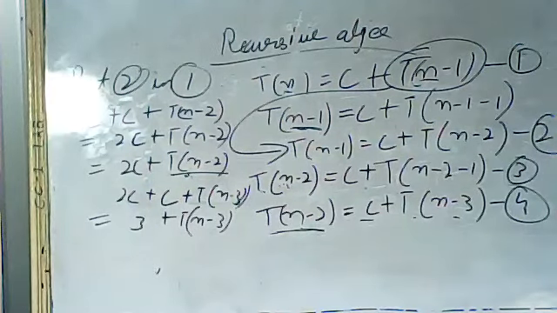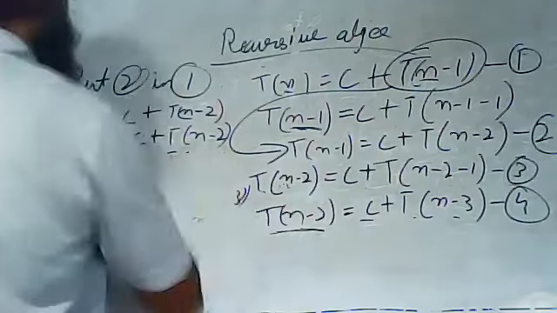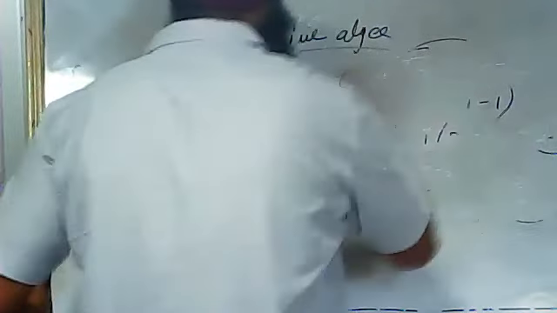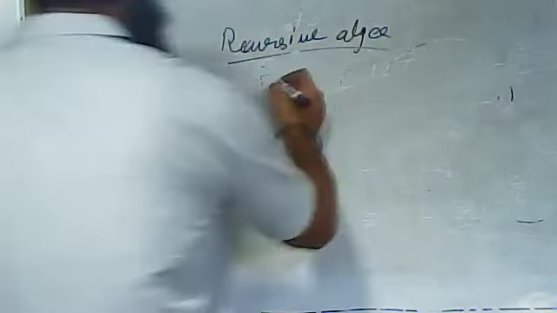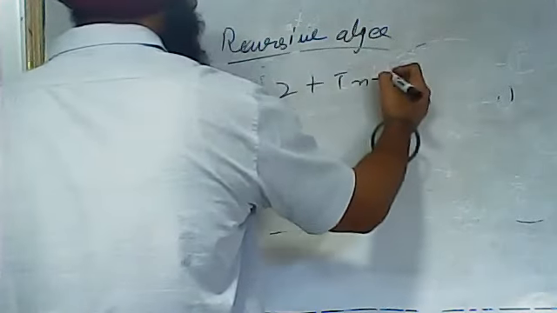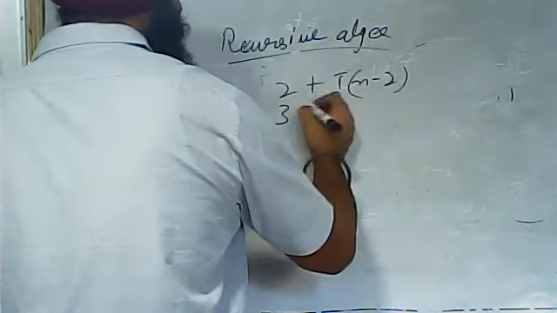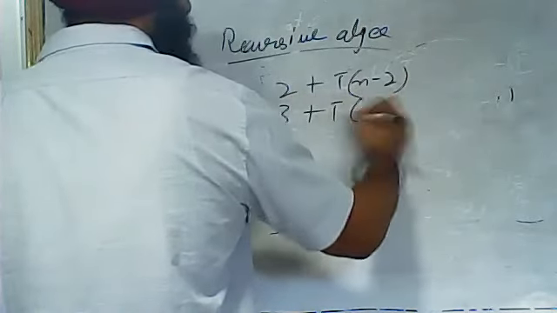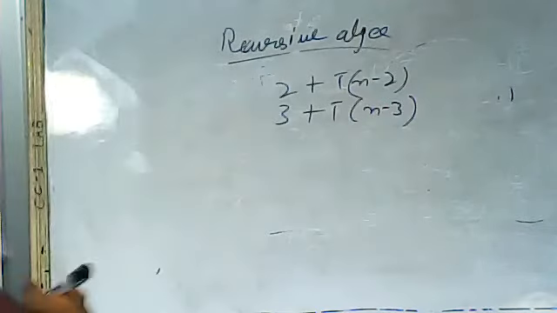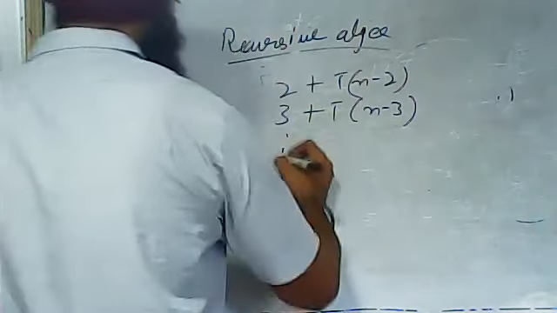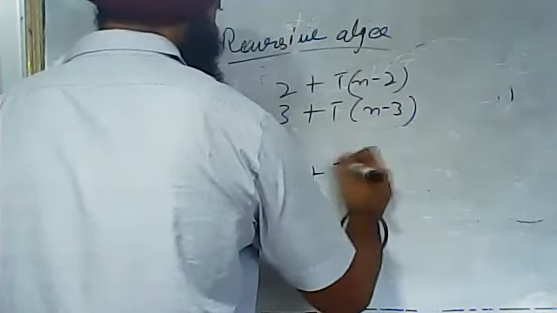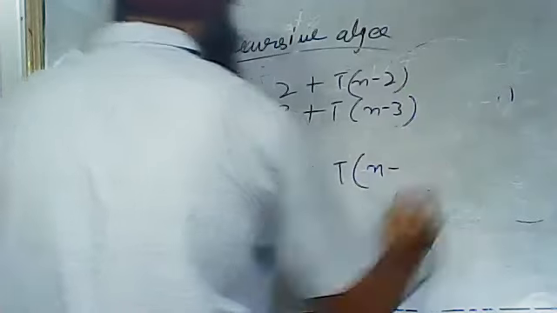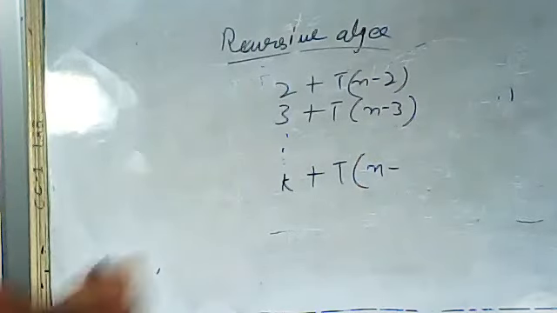As we know, the equations are becoming like this. Now our last equation was, let's say, Tn was 2 plus T of n minus 2, and after that, if I write T of n minus 3 here, and if I keep on going and substituting, let's say it will go to k, and it will be T of n minus k.